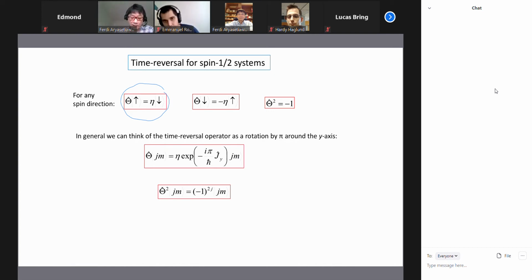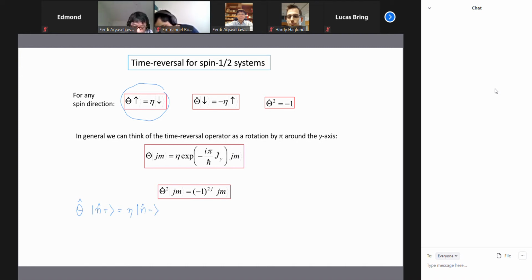So this result, of course, is also true for any spin state. If we, for example, have a spin up state in a certain direction n, then this will also be equal to some phase factor times the state in the opposite direction, minus.